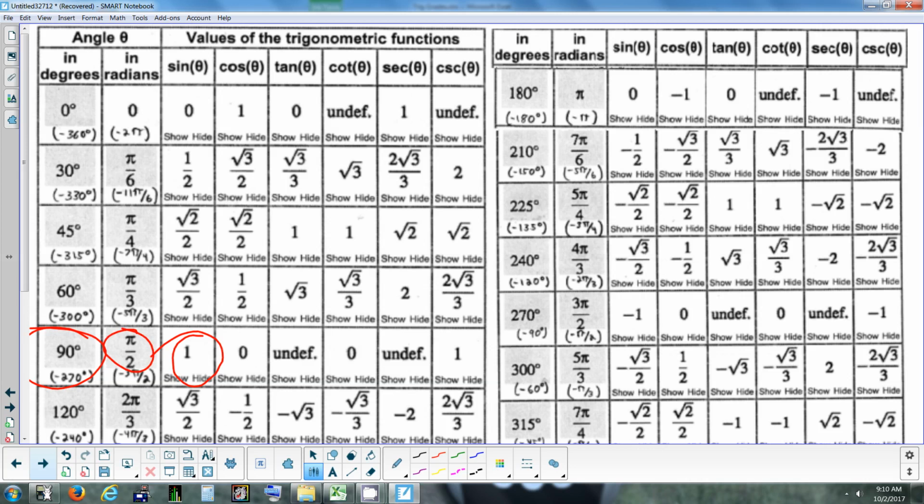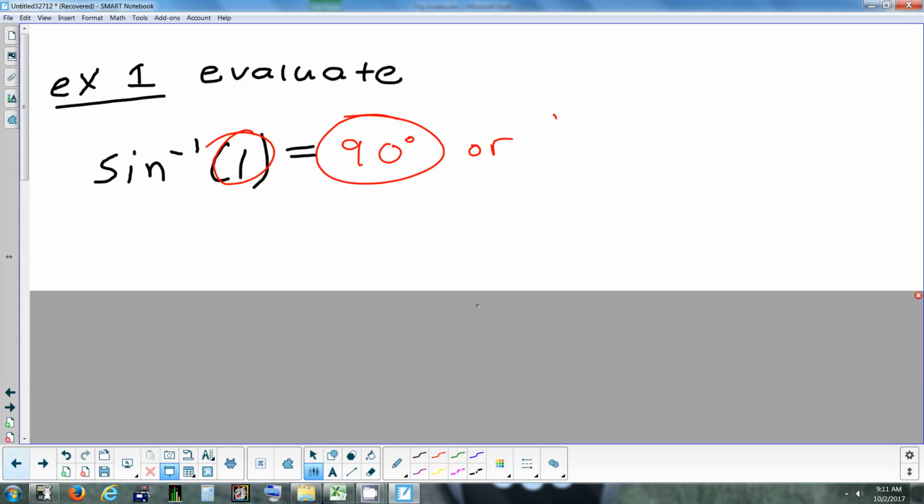That's the same angle, just converted to radians. So which one do you write? Well, just look at the question, read the directions, see what they ask for. If they don't specify degrees or radians, I don't care which one you write.